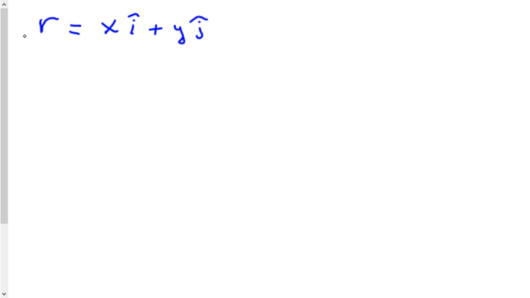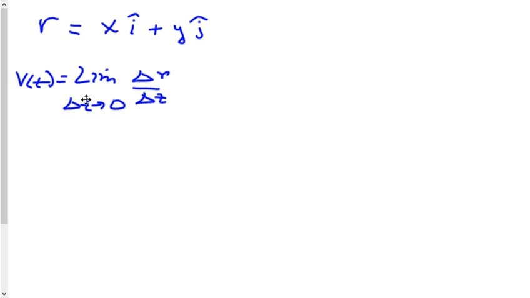So what about our instantaneous velocity that we had talked about before? How does that change with two-dimensional motion? Our instantaneous velocity, some function v of t, is going to equal the limit of the change in position vector with respect to the change in time, and of course we're still going to approach delta t to 0.